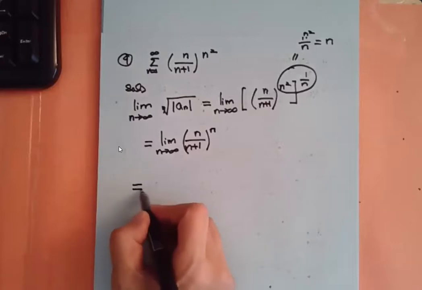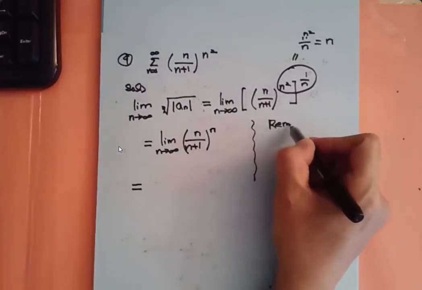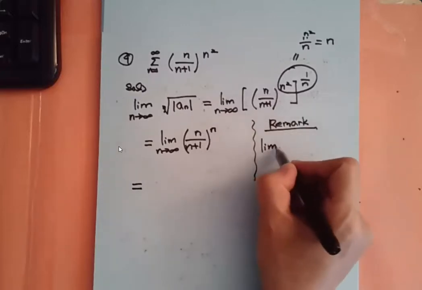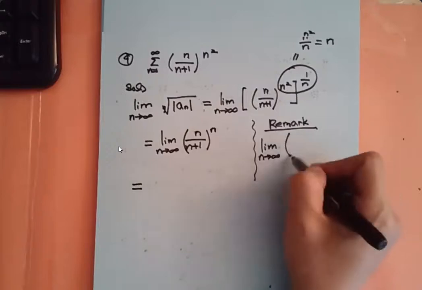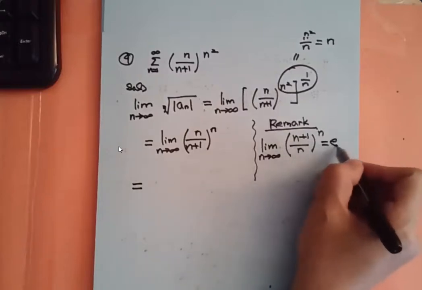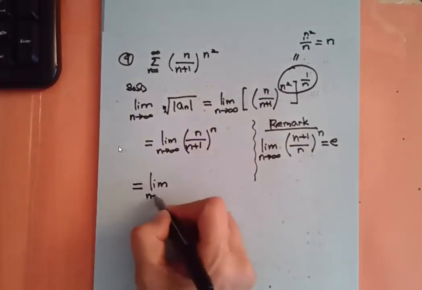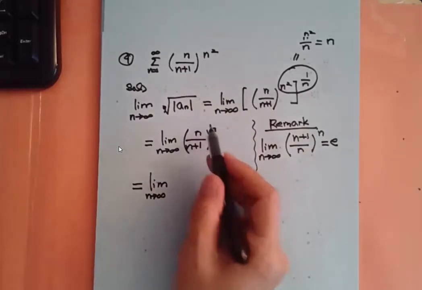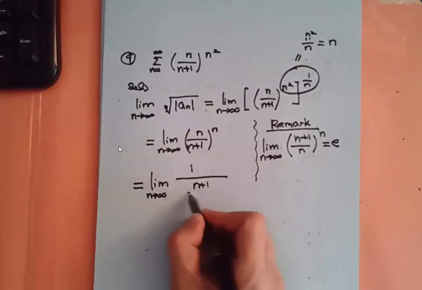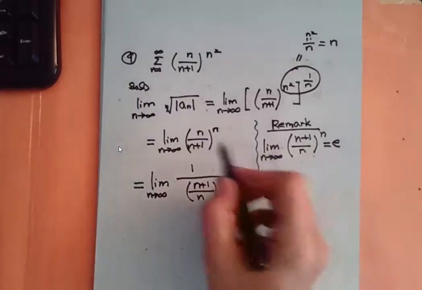So that is more or less familiar. That is how the number e is defined. The limit as n goes to infinity of n plus 1 over n to the n power equals e. So we want to regard this one as 1 over n plus 1 over n to the n, because those are reciprocal.